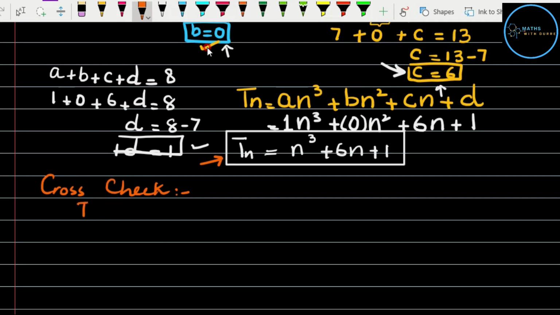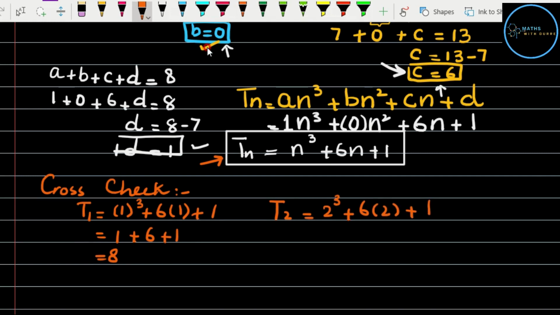So let's make a start. T1 = 1³ + 6 × 1 + 1. So it is giving us 1 + 6 + 1, that is 8. And term 2: 2³ + 6 × 2 + 1, that is 8 + 12 + 1.